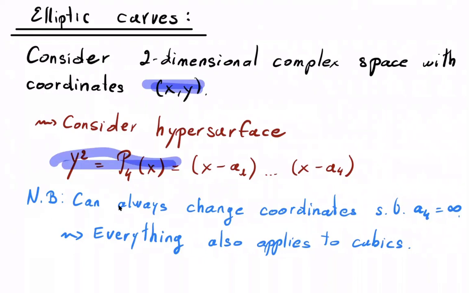And the polynomial of degree 4, I can always say it's of the form (x minus a1)(x minus a2)(x minus a3)(x minus a4). Such a set of points, you can call it an elliptic curve. It's an example.